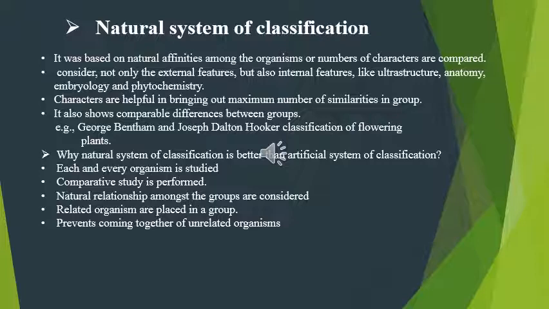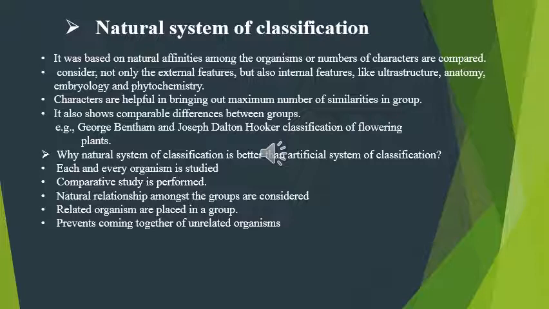The comparative study is performed by natural classification, whereas the artificial system does not show any comparative study between the organisms. Here, since we are talking about the plant system, every plant of the plant kingdom is studied, but in the artificial system this was not so.